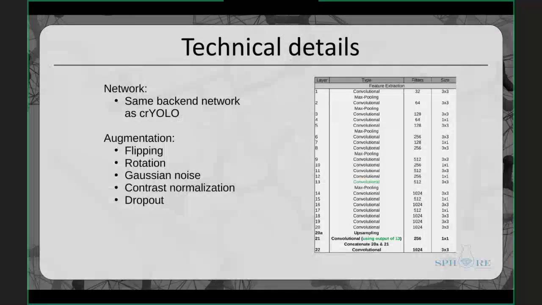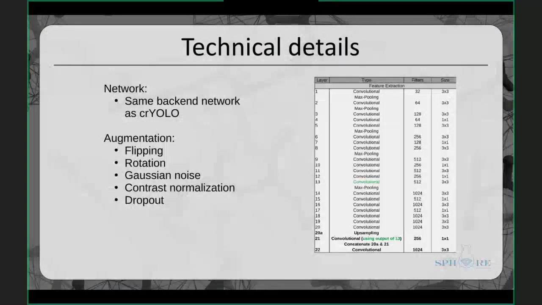So we are using the same backend network as crYOLO. What does that mean? Convolutional neural networks are often divided into a feature extraction part and the part that does the classification or the actual object detection.